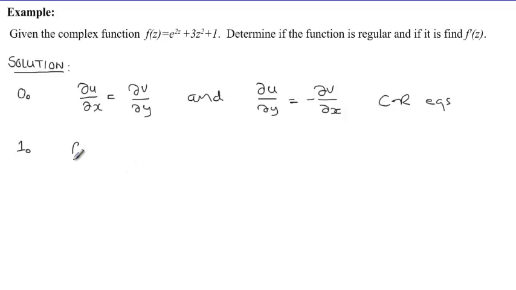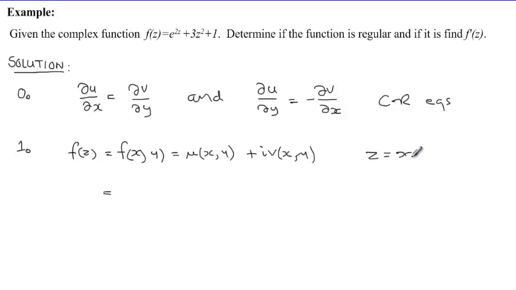In other words, we need to express f of z as f of x, y, which equals u of x, y plus the imaginary unit times v of x, y. So we need to grab our function there and recall that z is equal to x plus the imaginary unit times y.